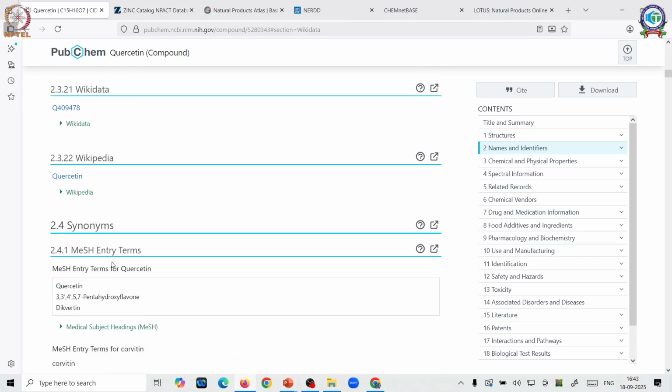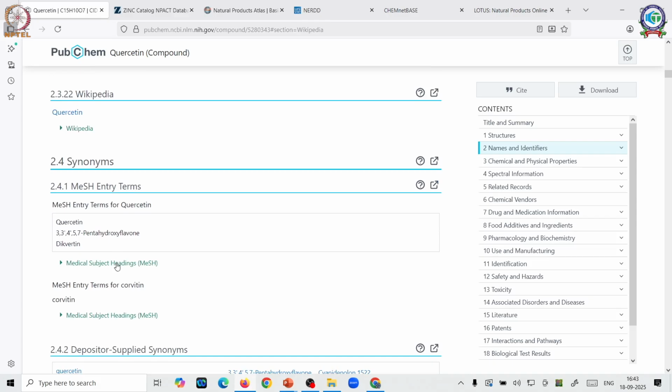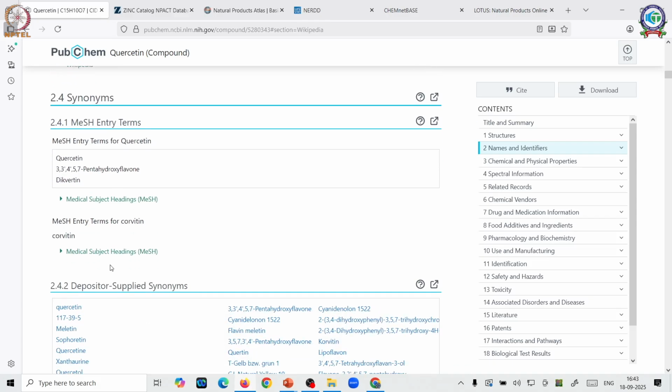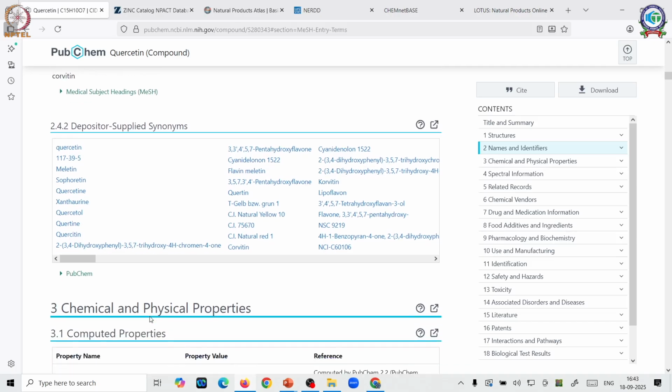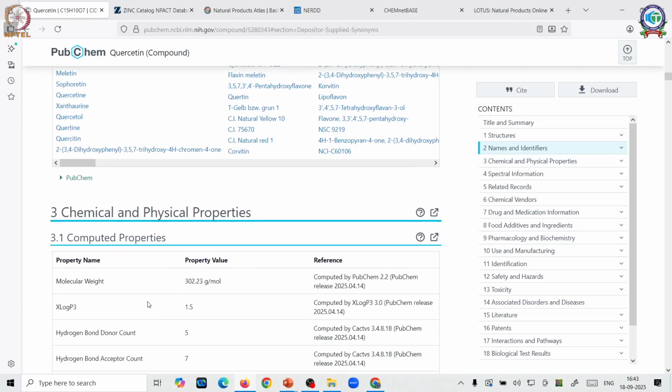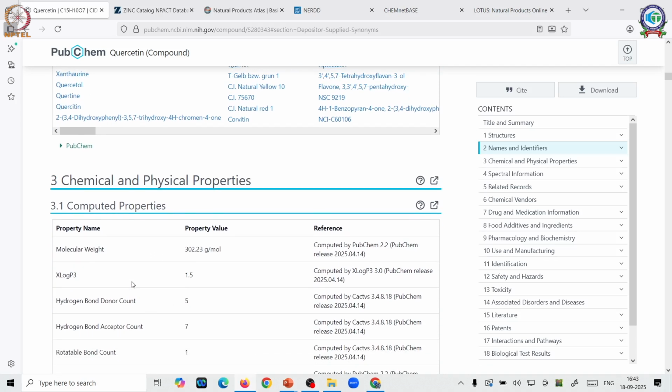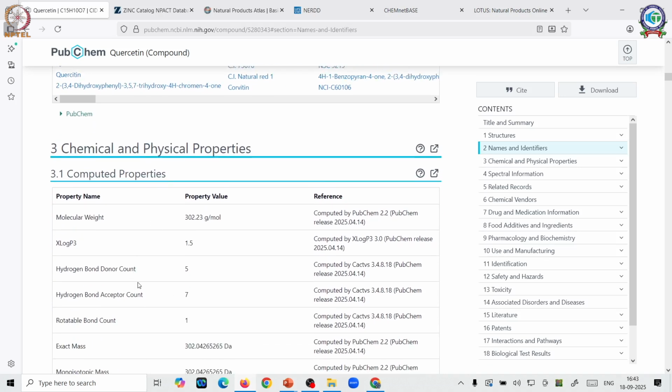Then you have the MeSH entries, which are often used to search literature, the synonyms of it, and the physical properties. You remember the computed properties, which include the molecular weight, logP, which is the lipophilicity, how many hydrogen bond acceptors the molecule has, and how many hydrogen bond donors.